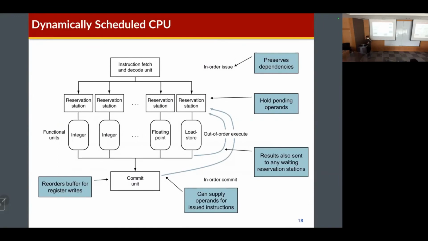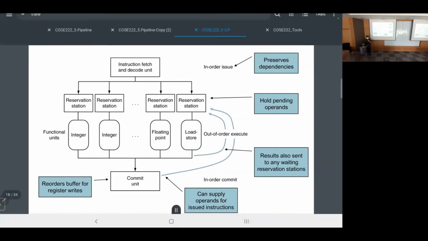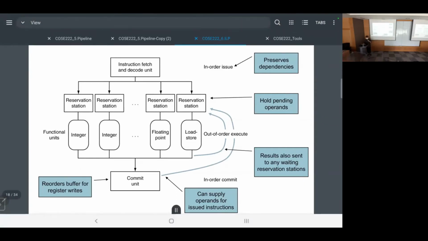The architecture of modern processors looks like this. The instruction interface is the same as the five steps of how instructions are executed.